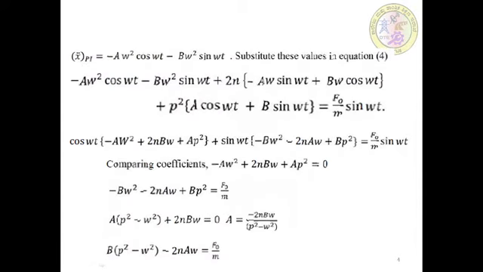According to that, the equation becomes minus a omega square cos of omega t minus b omega square sine of omega t.